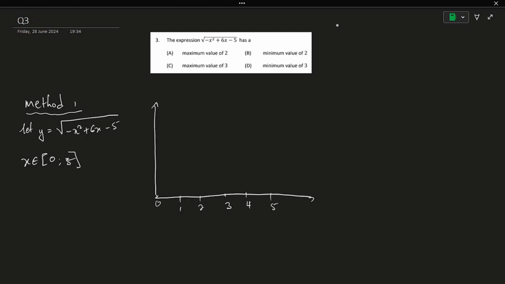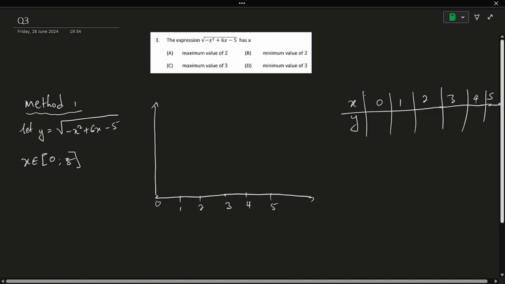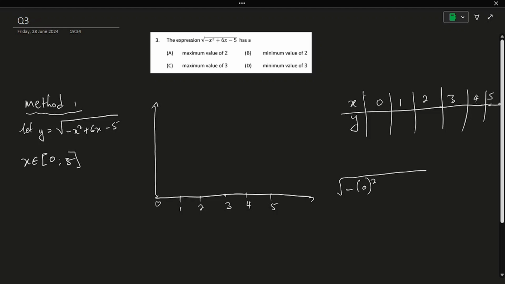Now, let's substitute 0 here. When x is 0, I'm going to draw a table here and say x, y, and then let's have 0, 1, 2, 3, 4, and 5. Right, when x is 0, we are going to say root of negative 0 plus 6 times 0 minus 5, so 0 plus 0 minus 5 is going to be root of negative 5, which then breaks the whole thing.